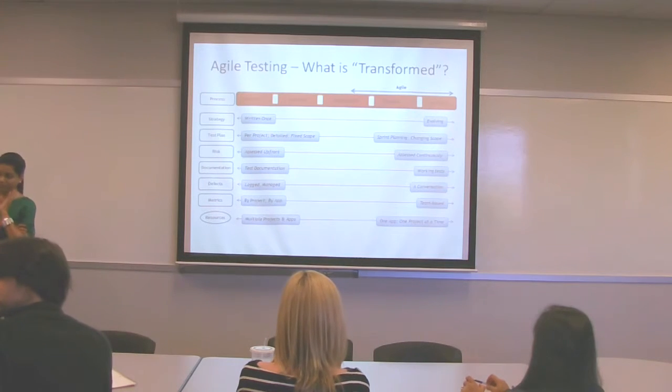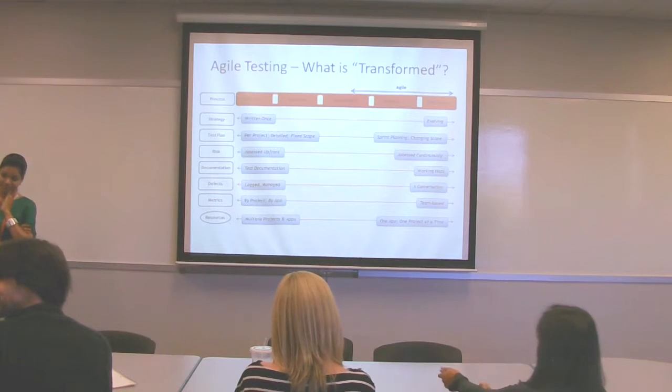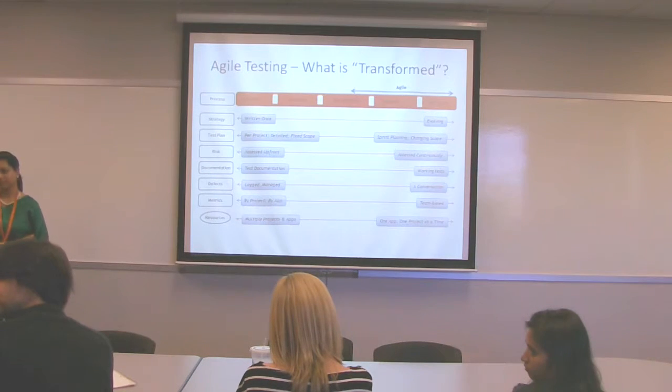You will do the three amigos meeting, some teams call it, where the tester will be involved, solution analyst will be involved, and the developer will be involved. So what I'm trying to say is every place there is a representation of tester, and the testing team has a say rather than just giving the work at the end, saying now it's the time to just go ahead and test it.